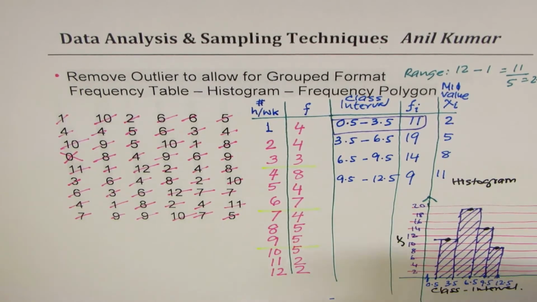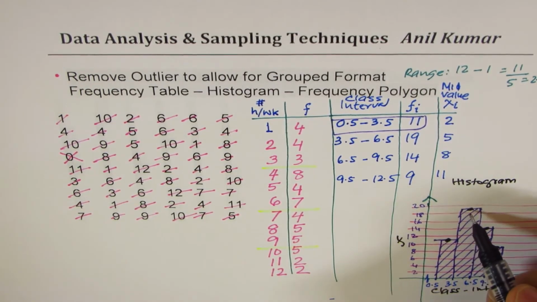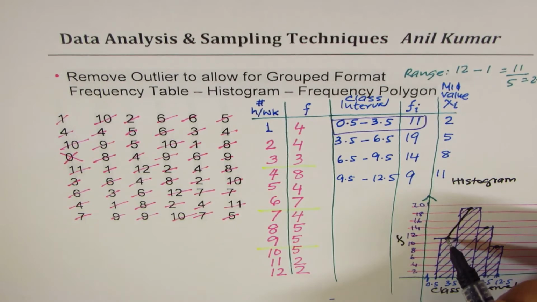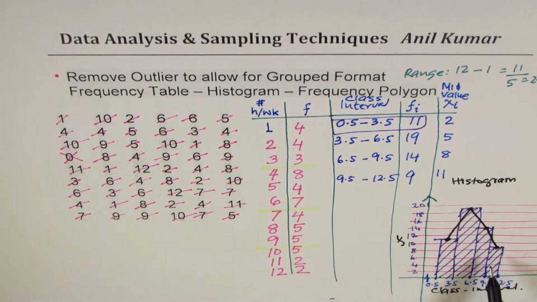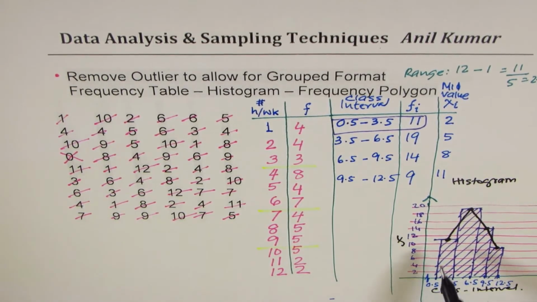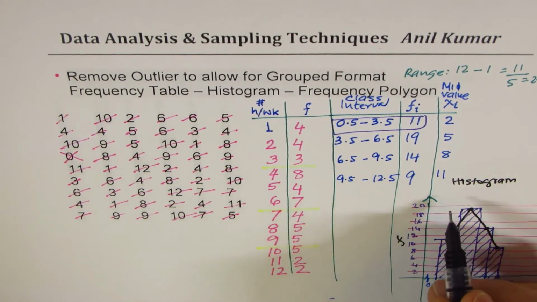And joining them, we get our frequency polygon, right? When you work with continuous data, that line has to be a solid line. Earlier, when we were working with discrete data, we made a dotted line. Perfect. So this becomes our frequency polygon.